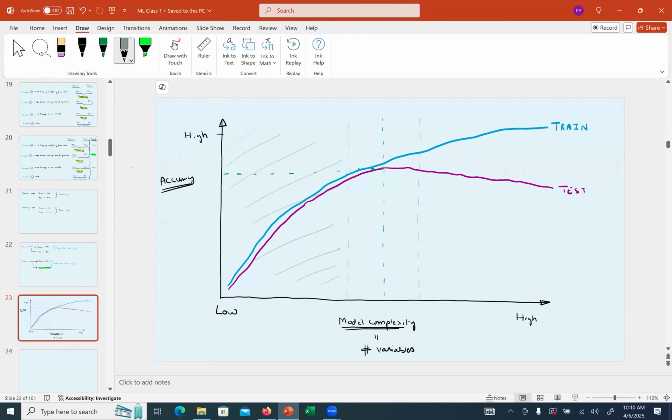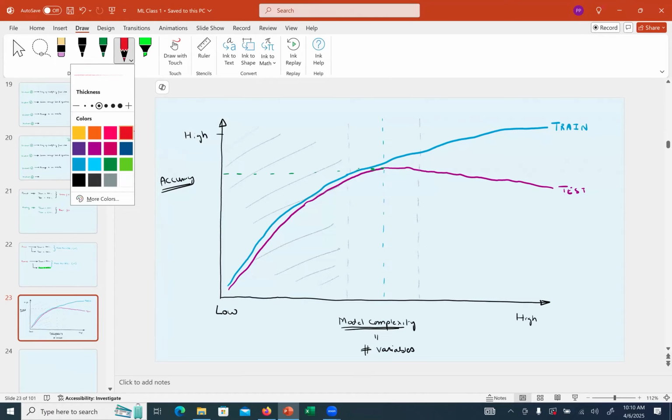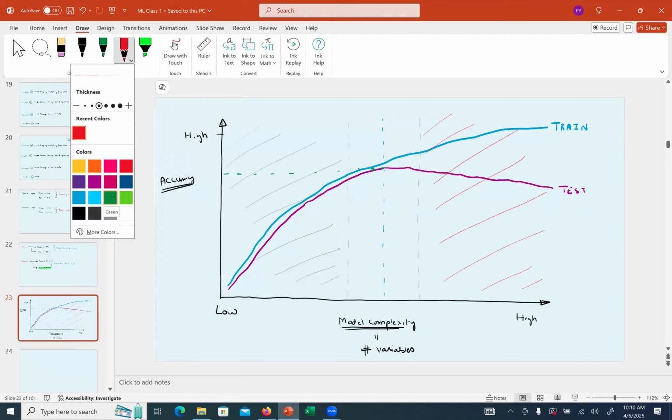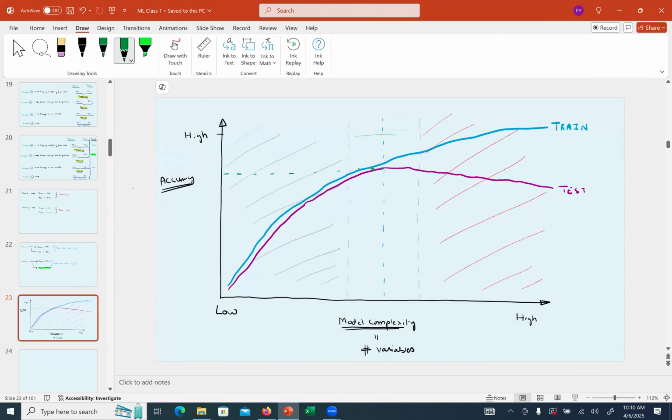So this is the region where the model was underfitting, and this is the region where the model is overfit. This is the overfit model in this region, and here in between is the region where the model is best fit.